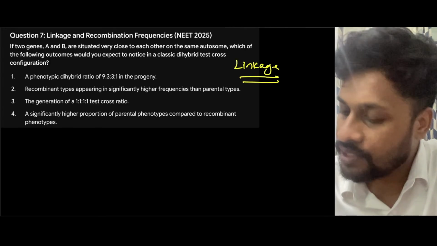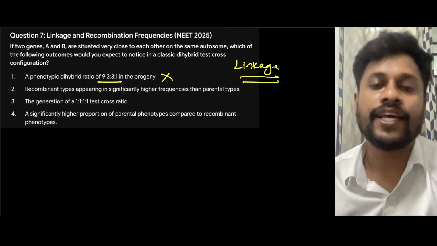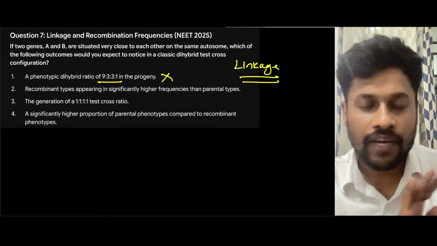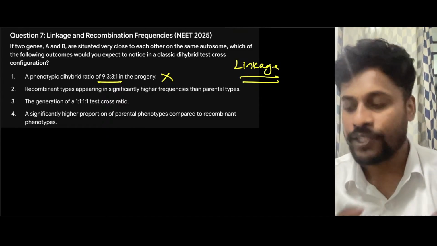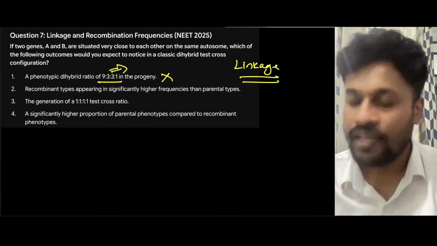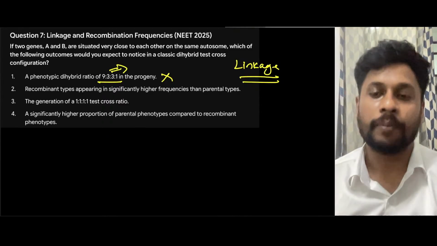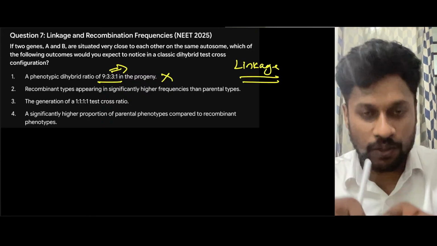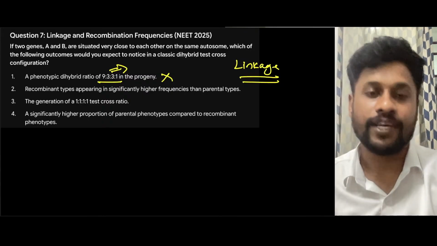If linkage is there, we won't get 9:3:3:1. This will be possible when there is independent assortment. Independent assortment will be possible if there is no linkage.